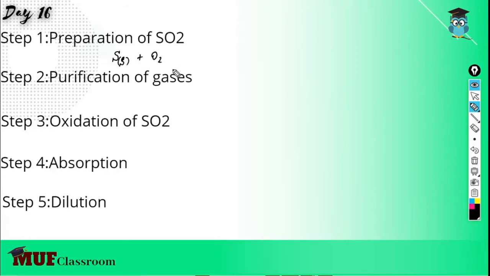In short, we can call it combustion. We are burning it and finally we get SO2, which is gaseous. And then in the second step, it undergoes purification.